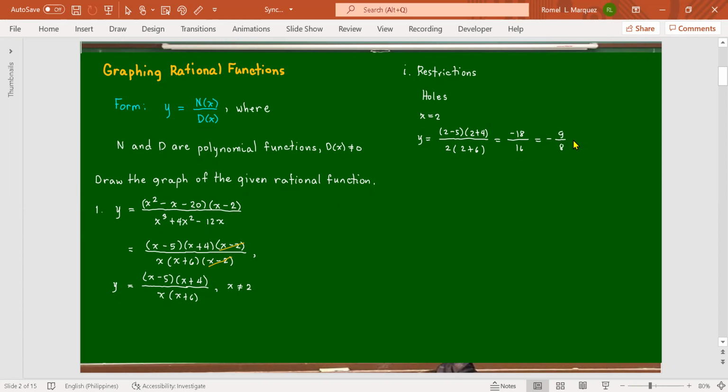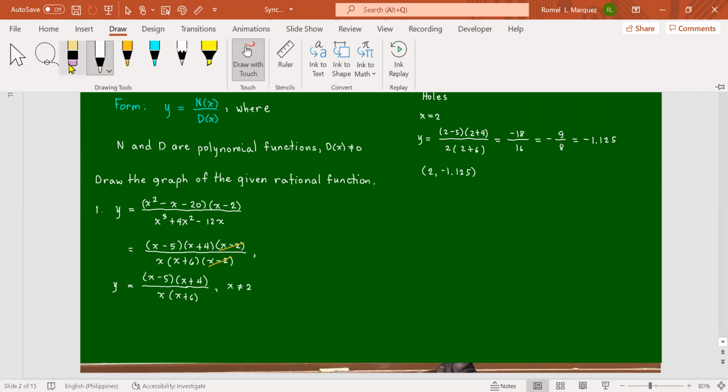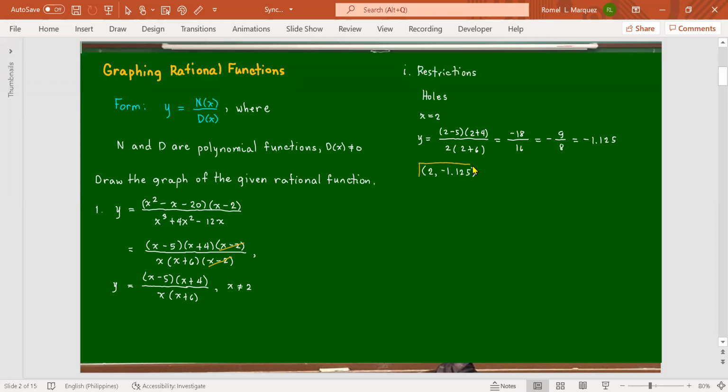That is equal in decimal, for plotting purposes, to negative 1.125. So the hole is 2, negative 1.125. In the graph, it is an open circle. The graph will not pass through this point. Let me box this to remind us of this important point.